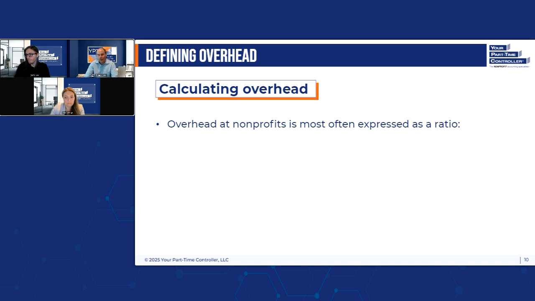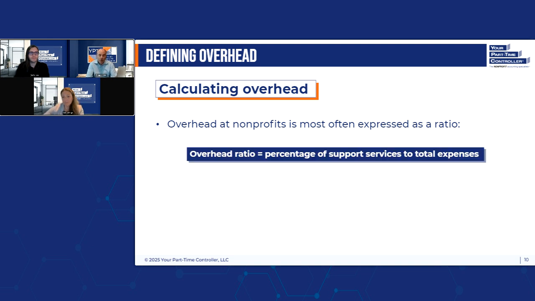But nonprofits also report by function, and there are 3 major functions: program services, management and general, and fundraising. And again, in those reports, that represents the columns. Support services are the combination of management and general and fundraising together. And that percentage to the total cost represents our overhead ratio.